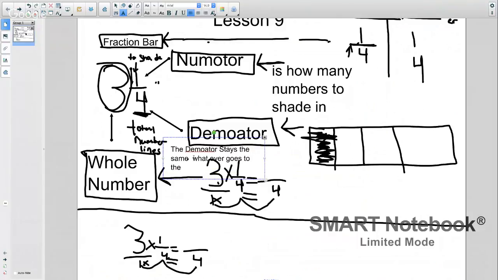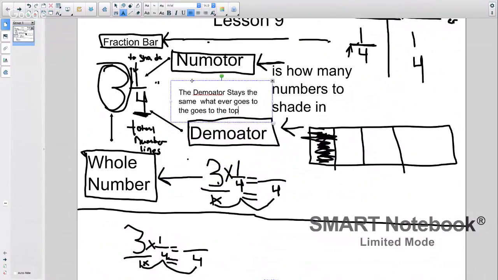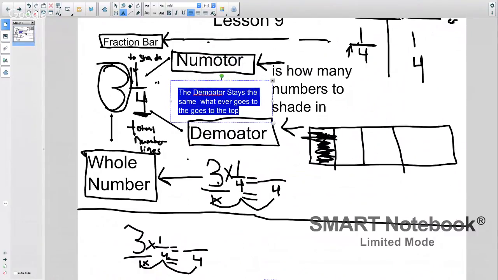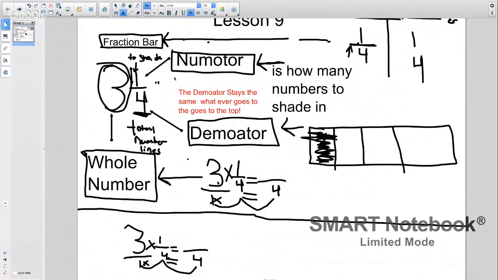Now I'm going to put it up here. The denominator stays the same. Whatever goes to the bottom goes to the top. That's the rule. I'm going to put it here.